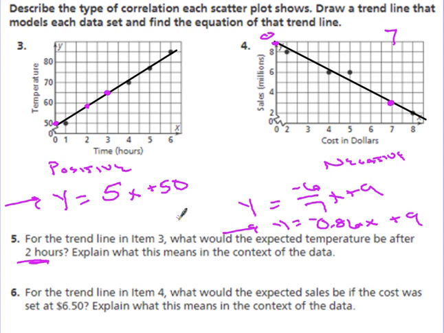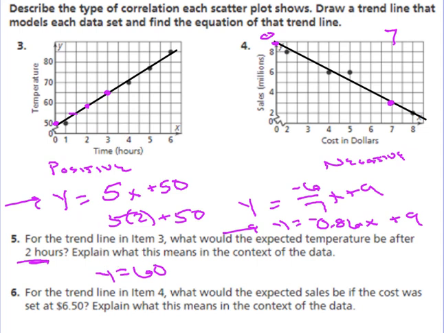But I can use my equation, plug in 2 for x, because x represents hours, and then solve from there. And I got 60. So that means that after 2 hours, the temperature would be 60 degrees. I used my line of best fit, my equation, to do that. I could have looked at my graph and had about 58, 59, but with my equation I got 60.